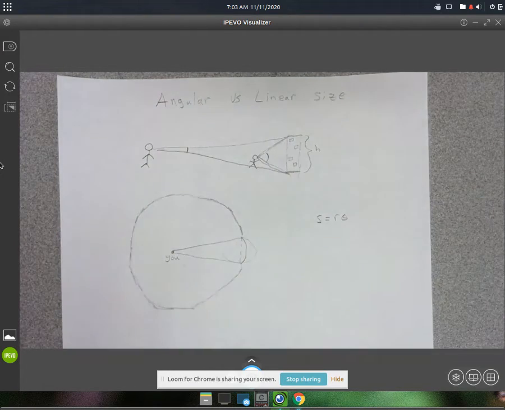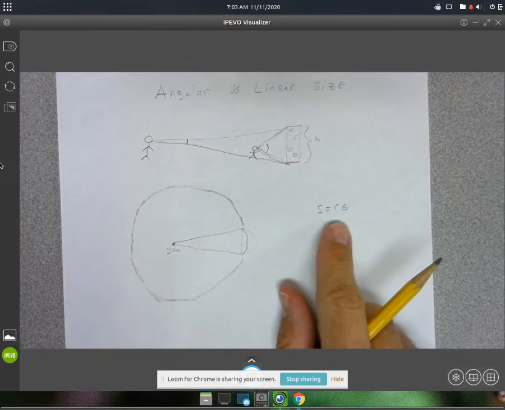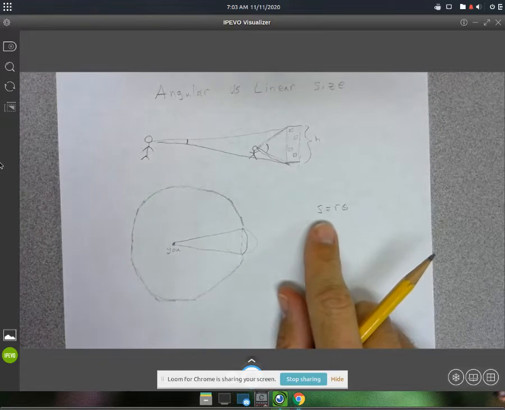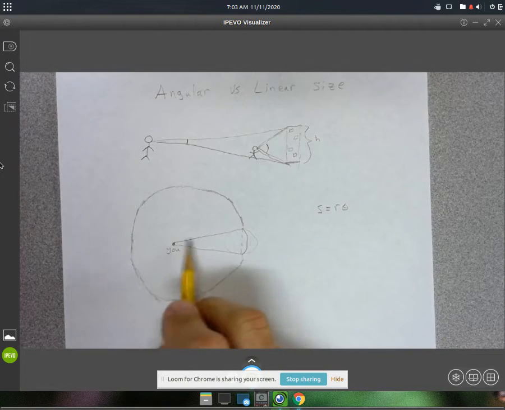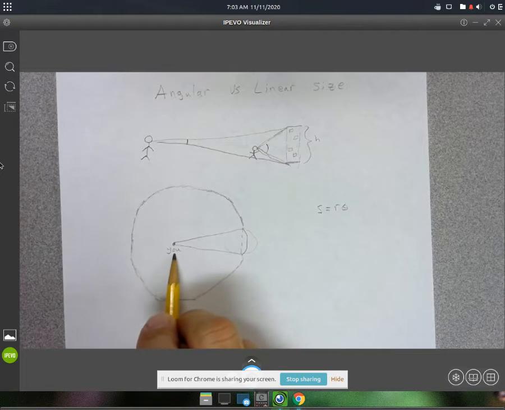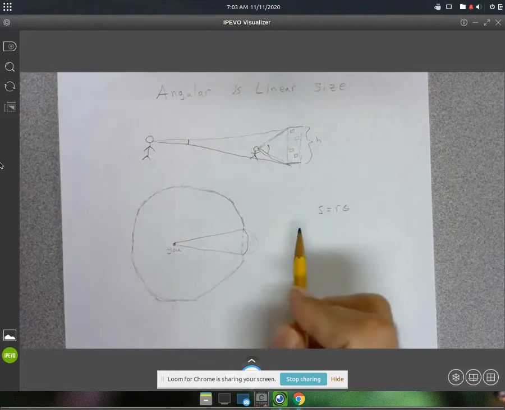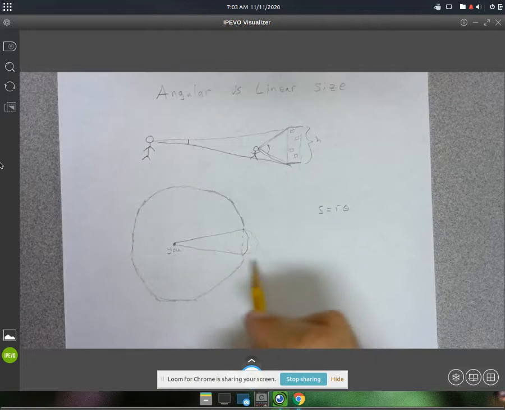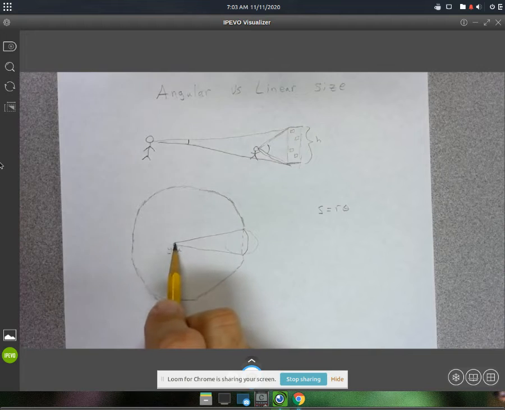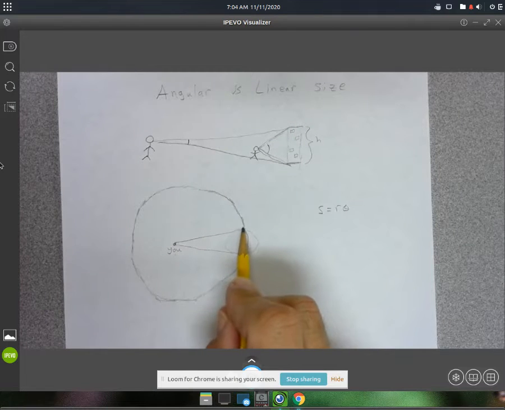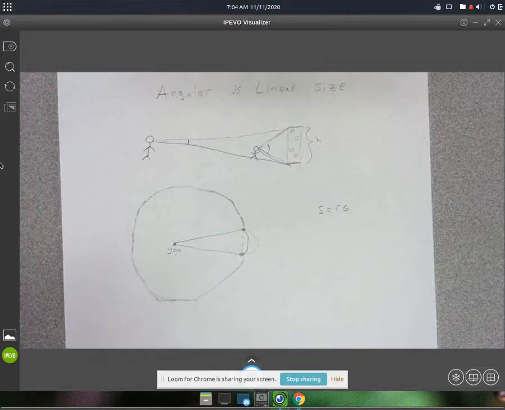So this all revolves around the S equals R theta formula. We're still going to be using that. Here you are, very far away from, I don't know, this might be the little Disney ball, the Epcot Center right here. If you're very far away from it, you can see the top of the object, and you can also see the bottom of the object right here.